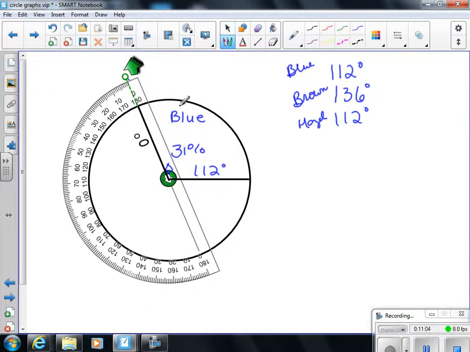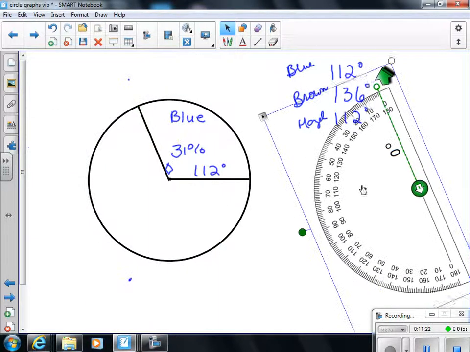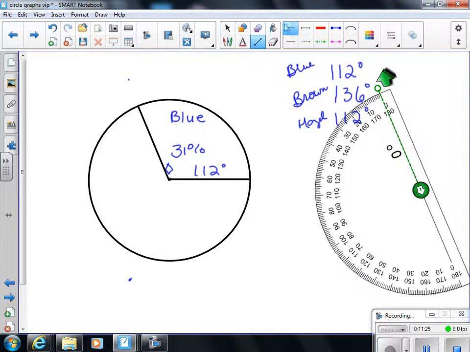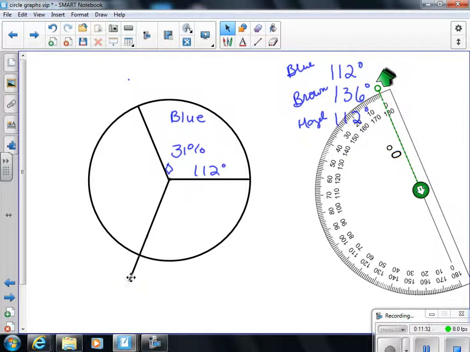Then you're going to calculate how many degrees? 136 degrees. So I go 10, 20, 30, 40, 50, 60, 70, 80, 90, 100, 110, 120, 130, and 136. Is it going to be a big angle? Yes. Then use your straight edge, and then finally label.